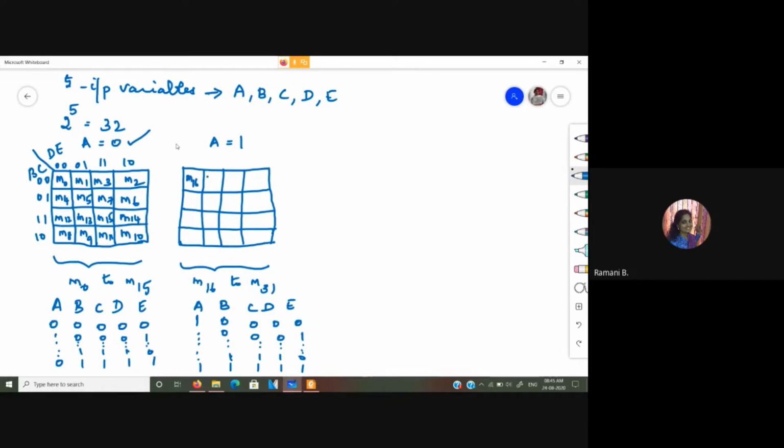So the same way, 16, 17, 18, 19, 20, 21, 22 and 23. Then here you will be having 24, 25, 26 and 27. This will be 28, 29, 30 and 31. So if you are able to have the position of the min terms in mind, then it is easy.